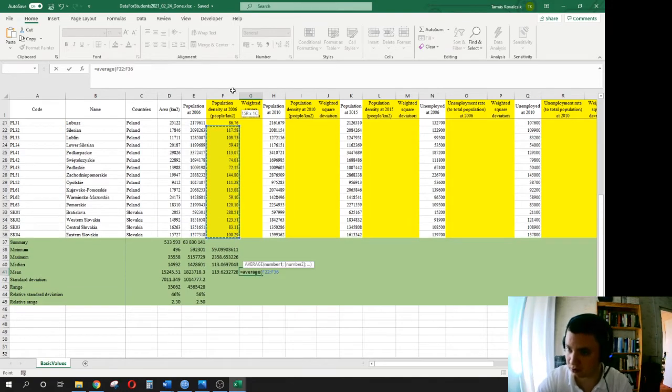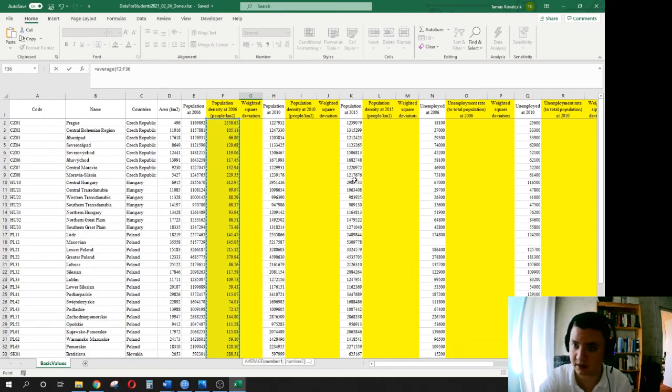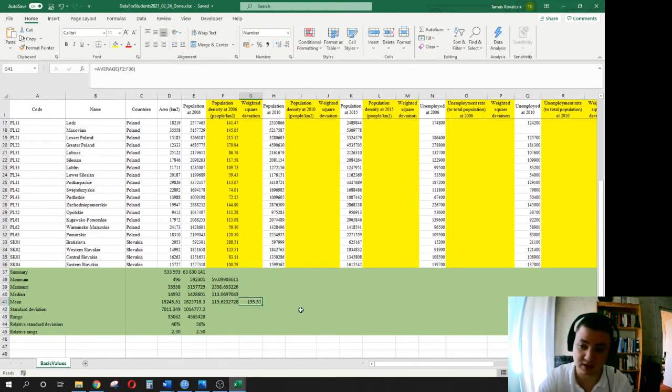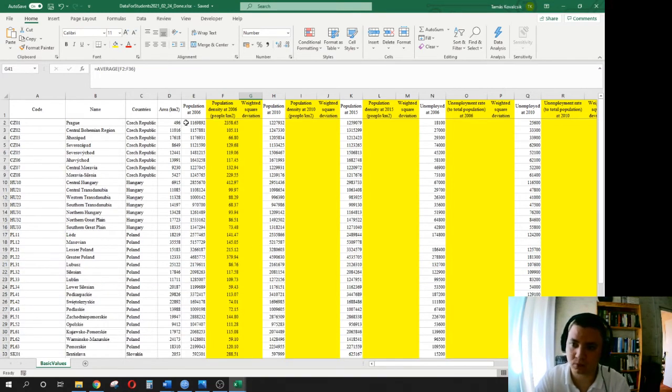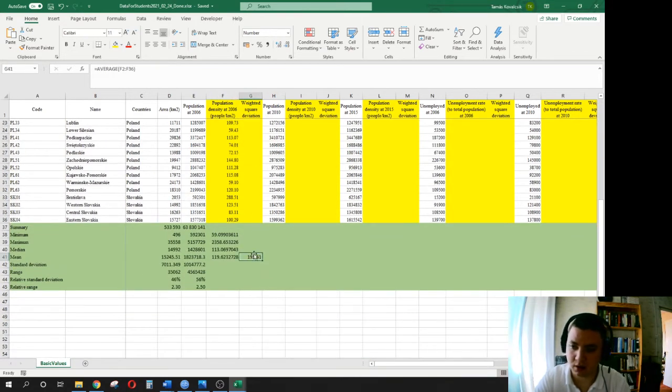You don't have to use the wrong calculation, but I'm just showing you that this is the wrong number for the average for the observation area, because this value doesn't consider the area differences between the regions.